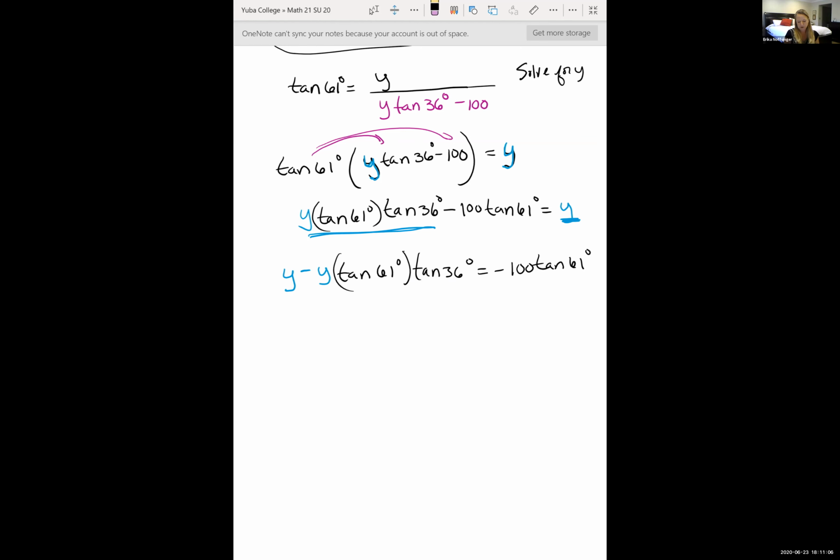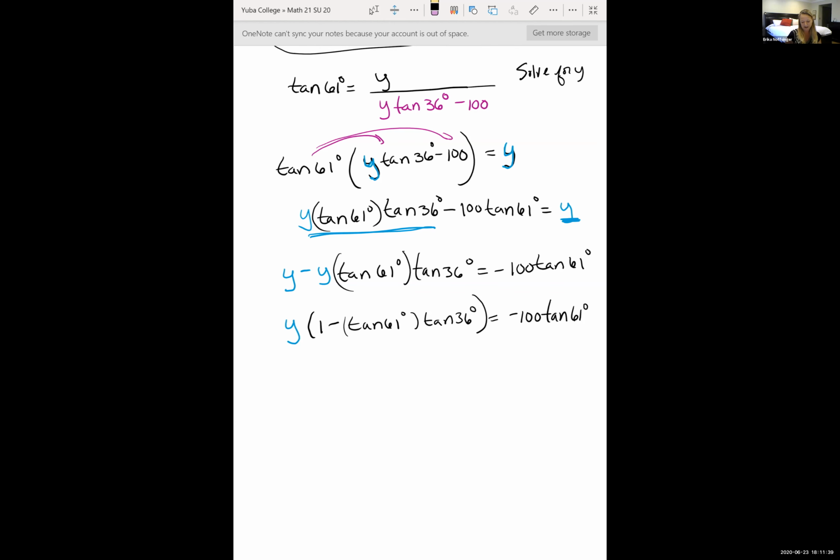So I have two terms with y in it. We could factor that y outside. If we pull the y out from those two terms, we're left with a 1 from the first term, minus tangent of 61 degrees times tangent of 36 degrees, equals negative 100 tangent of 61.